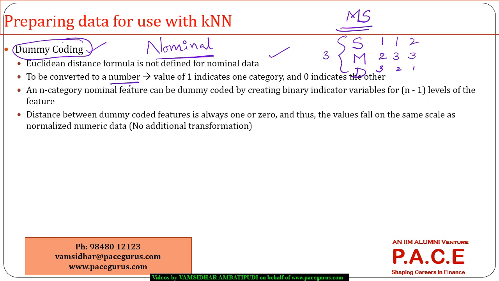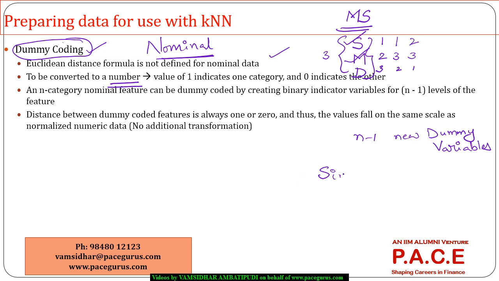So I am converting this into a number. Now the way I convert them when we are talking of dummy variables is, out of these three categories, I will create n minus 1 new dummy variables. If there are n categories, I will always create n minus 1 new dummy variables. So let's say I create a dummy variable called single, and I create a dummy variable called married.